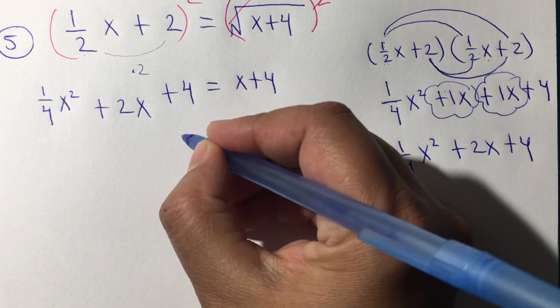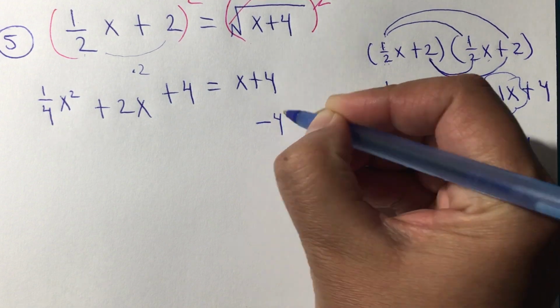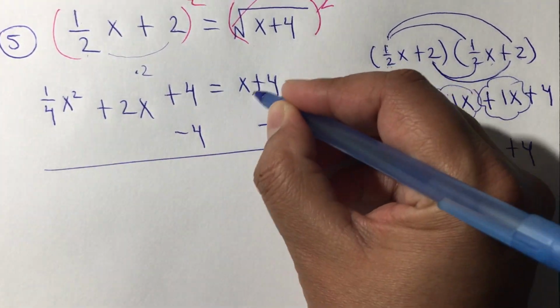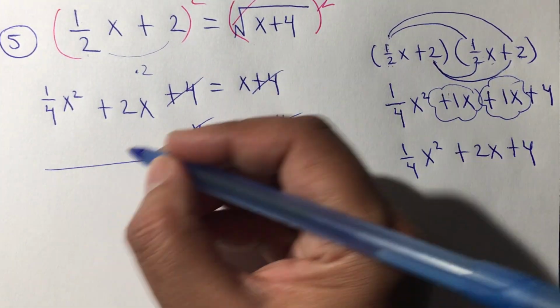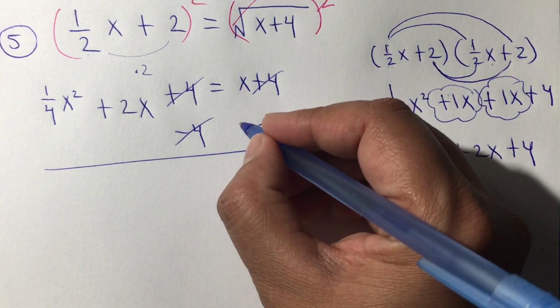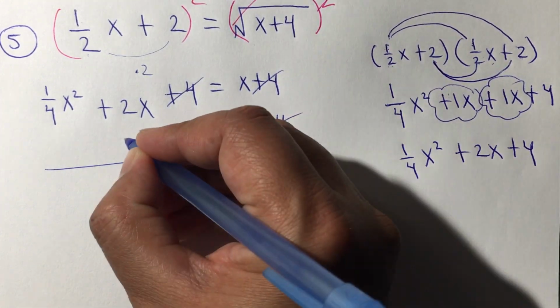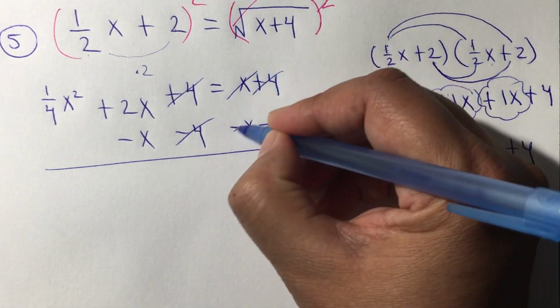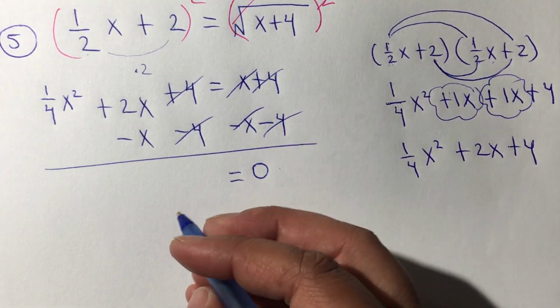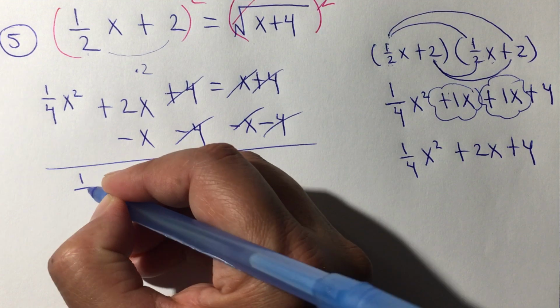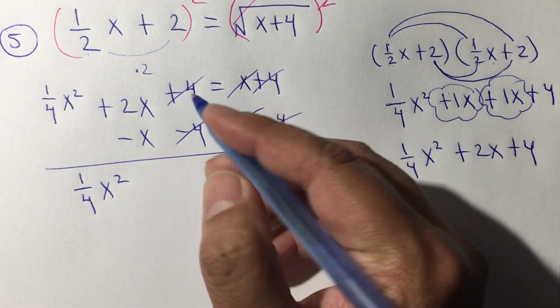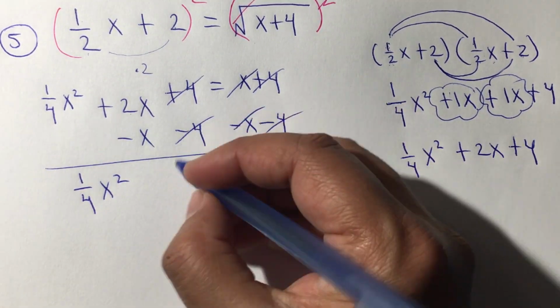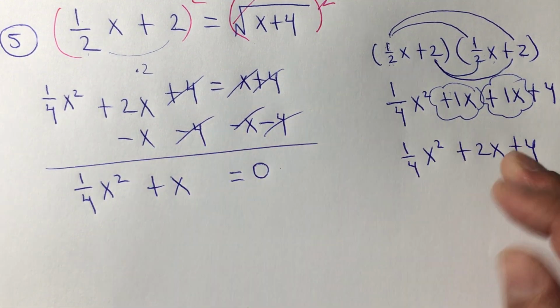So now what we're going to do is subtract 4 from both sides. And we can also get rid of that x at the same time. So minus x, that also cancels. You get 0 equals 2. We bring down the 1/4 x squared. 2x minus x is x.